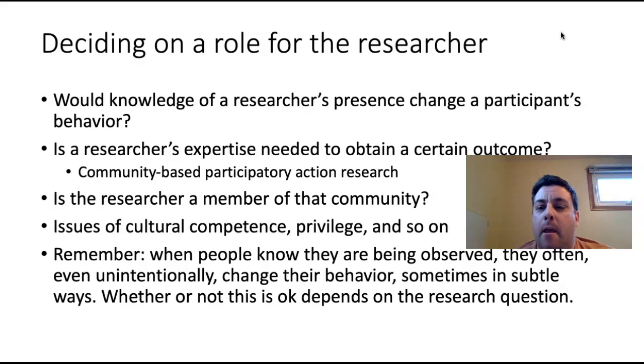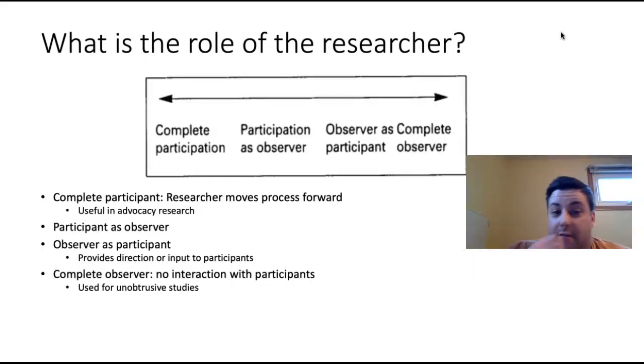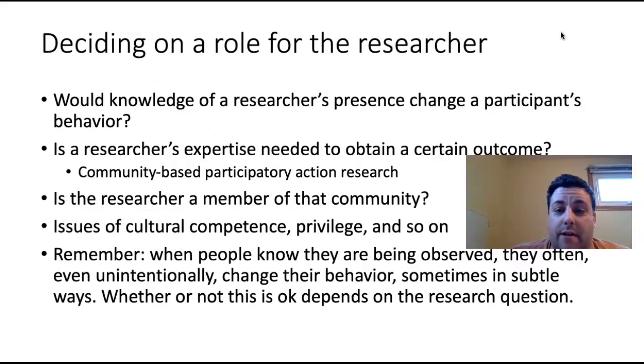So when the Dakota Access Pipeline was being built, there were a number of researchers out there who were trying to advocate on behalf of the First Nations group, and so they were really acting as complete participants because their expertise was needed to move that process forward.